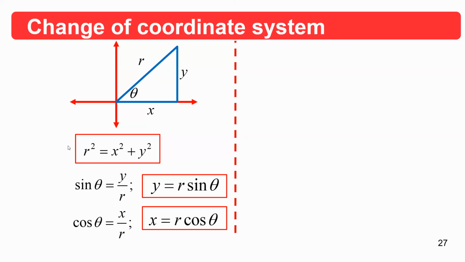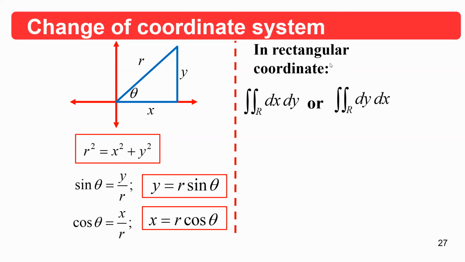And with the basic trigonometric functions, sine theta would be y over r, opposite over hypotenuse. Cosine theta is x over r, adjacent over hypotenuse. So isolating y, you'll get this. Isolating x, you'll get this.